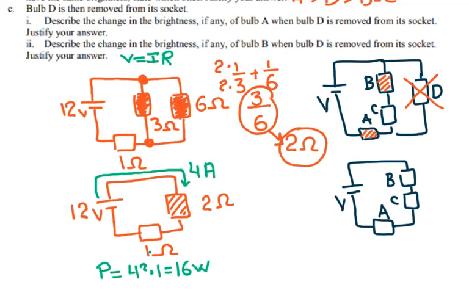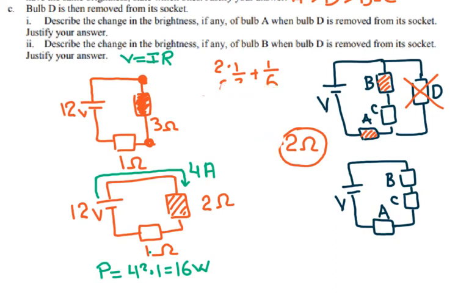Now, if I remove my 6 ohm resistor from this circuit, I don't have this 2 ohm resistor connected between these 2 points anymore. So all of a sudden, my total resistance is 4. That affected my current. My current is not 4, my current is 3 amps, so the current dropped.